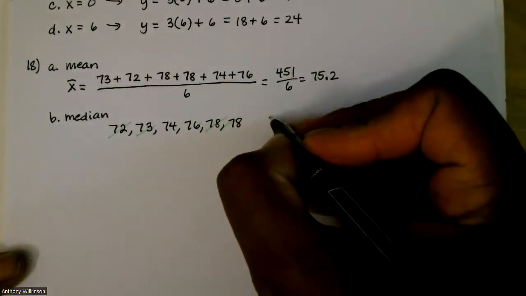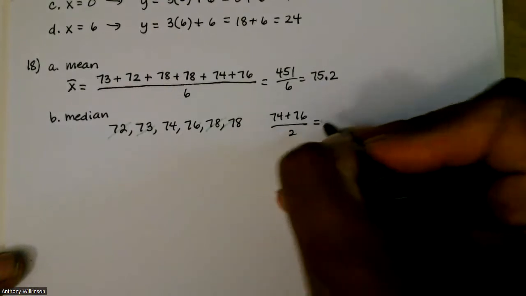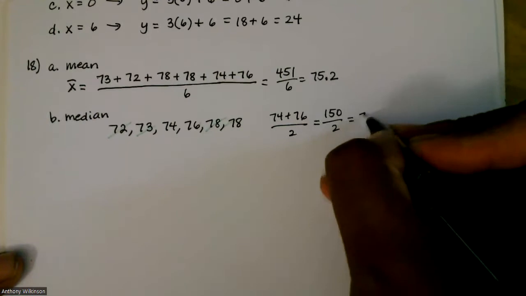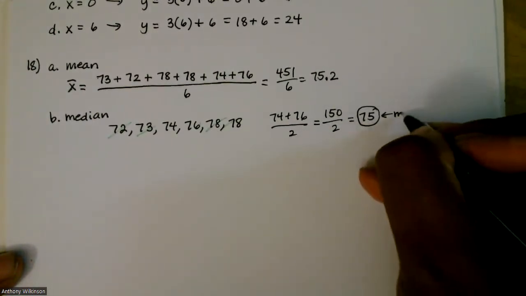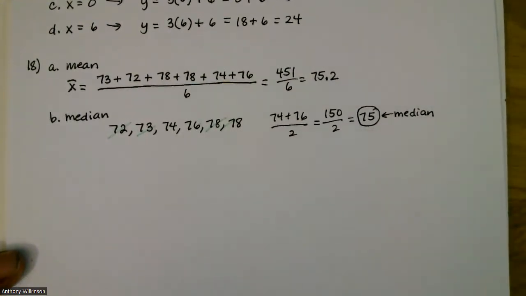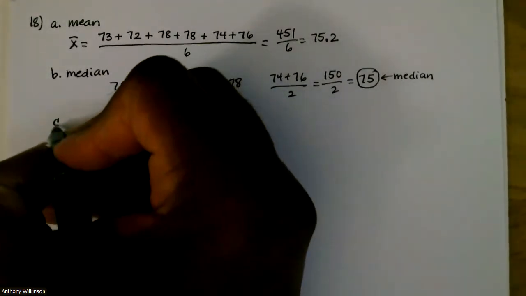So I have to add 74 and 76 together, divide that by 2. This will be 150 divided by 2, which is 75. So 75 is actually the median of this data set. Okay, so that's part B.